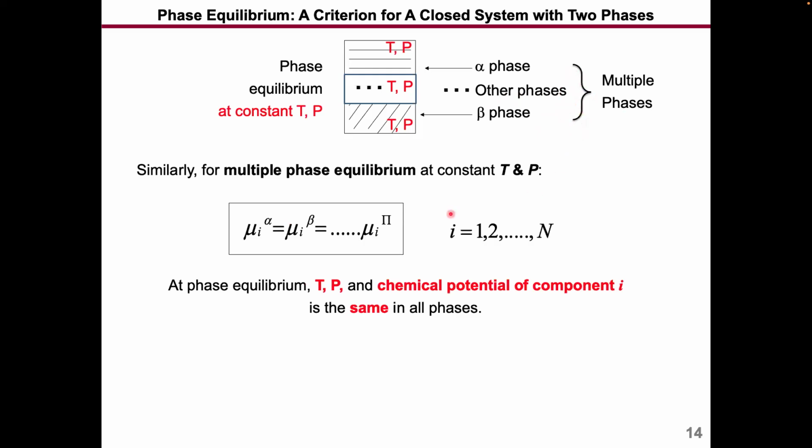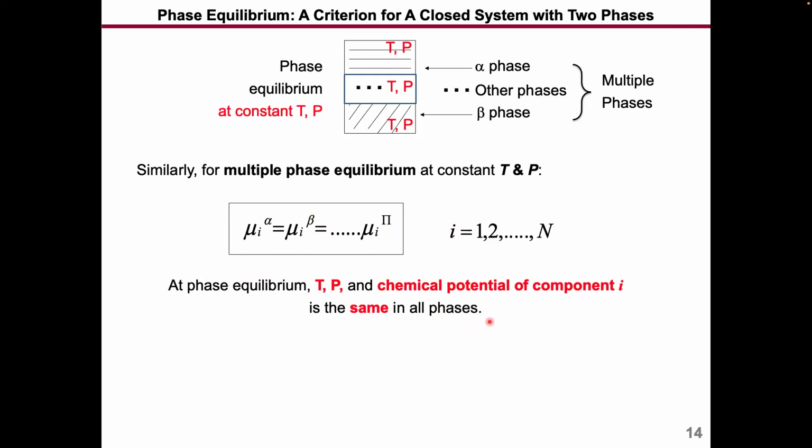All right, so for a multi-phase equilibrium at constant temperature and pressure, the criterion for phase equilibrium to occur is that the chemical potential of species i in the alpha phase has to be equal to the chemical potential of species i in the beta phase, which is equal to the chemical potential of species i in the pi phase. So at phase equilibrium, temperature, pressure, and chemical potential of component i are the same in all phases.